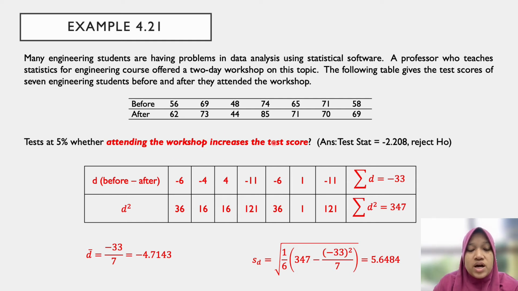But if we are following the question here, because the question asks you to test whether attending the workshop increases the test score, meaning that if before minus after, the test score is increasing, meaning that the score before is less than the score after.